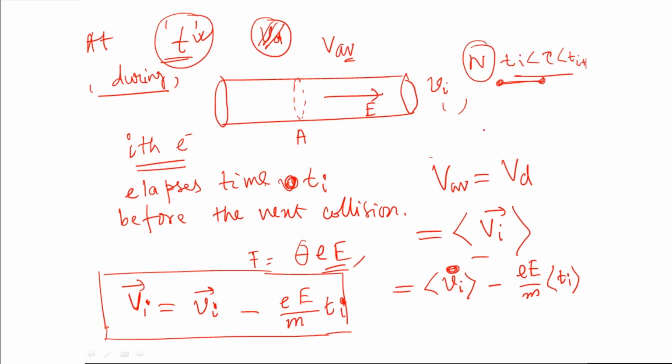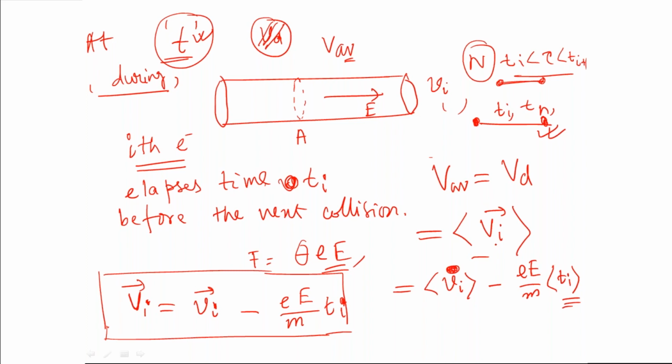As I said, all the electrons will not elapse the same time between two consecutive collisions. In some cases it will be ti, in some cases tn. That means the time can be different for different electrons. Collision does not happen at a regular interval; it may vary from electron to electron. So that's why I have to take this average also.